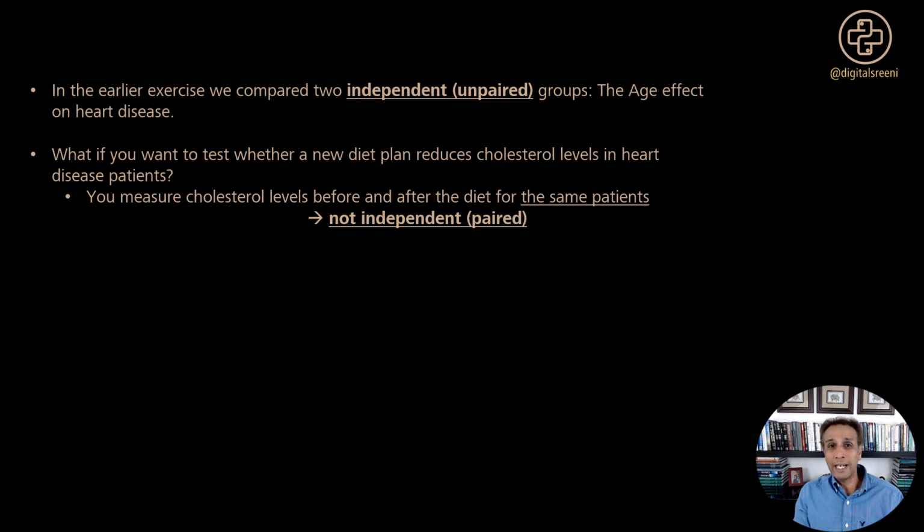Now you're no longer independent, right? We call it paired because it's exactly the same individual, but before and after the diet plan. So in this case, the previous tests will not work. You need a non-independent, or paired, test.